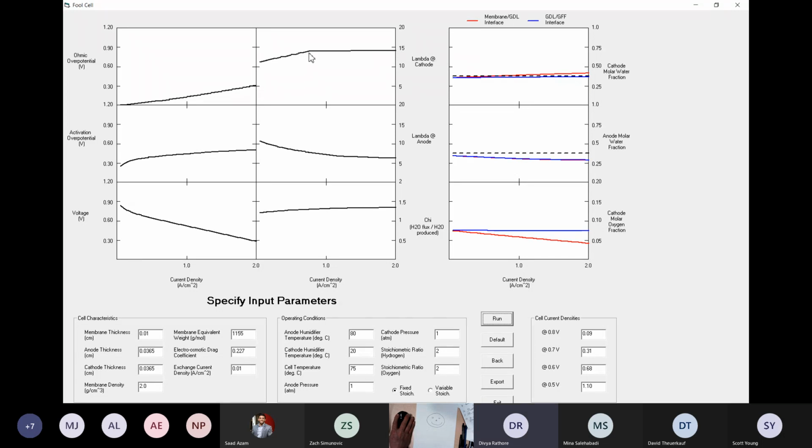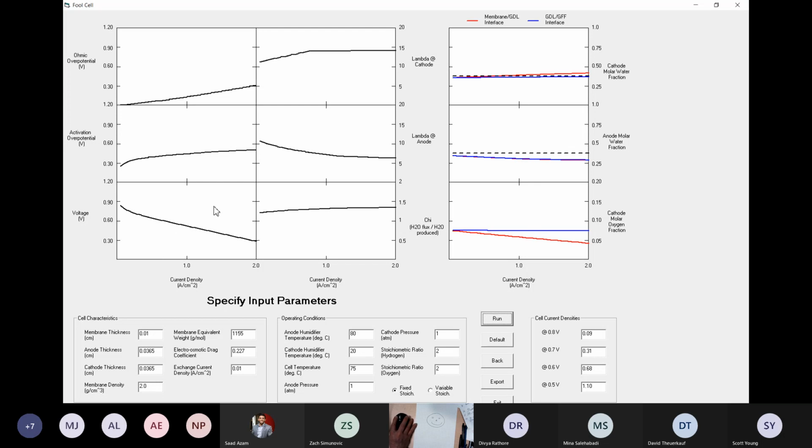Yeah, so you're right, around 0.8. You can see lambda on the cathode side reaches 14 and then it's flat around 0.8 amps per centimeter squared. It's also where the red line crosses over the saturated water vapor pressure. So what that means is the polarization curve, voltage versus current density curve, will reach 0.8 and then just die. Will just drop off like a stone. All right.